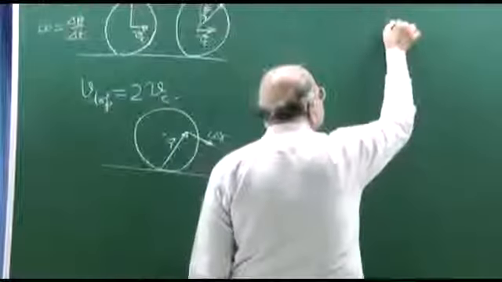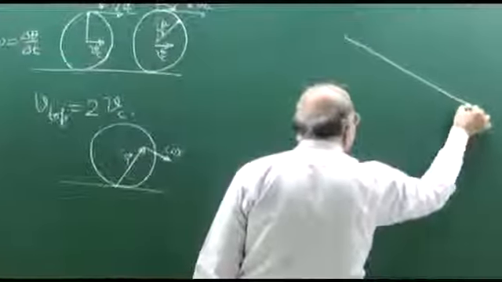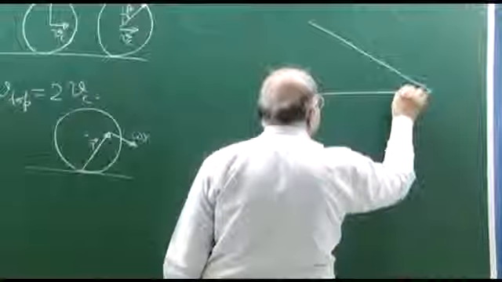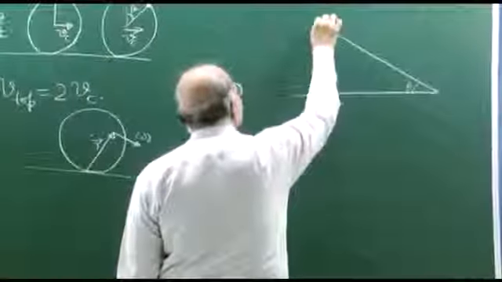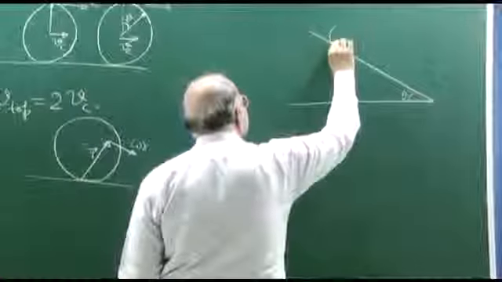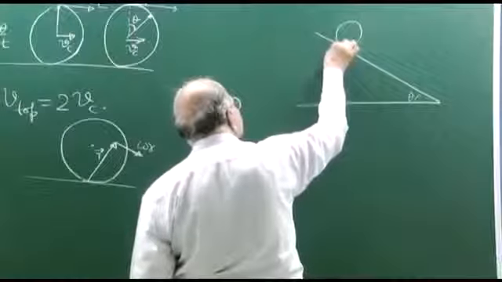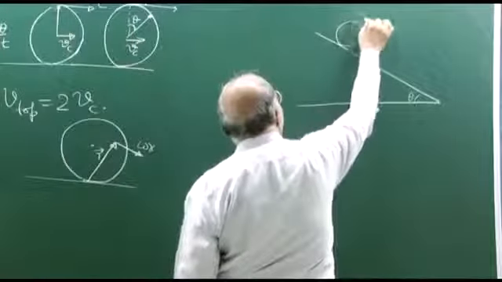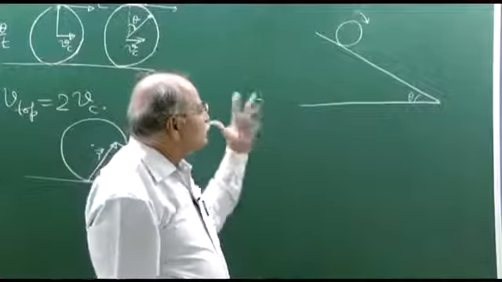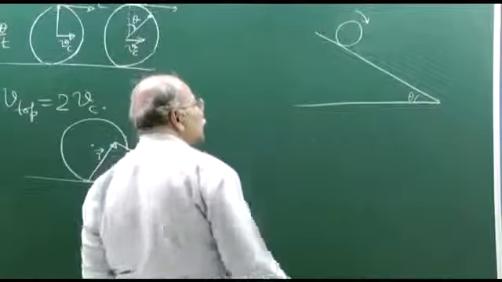So, suppose you have this inclined plane, and this angle with the horizontal is theta, and the ball you release from some point, and this ball rolls on this inclined plane. So, let us see what the forces on this ball are.